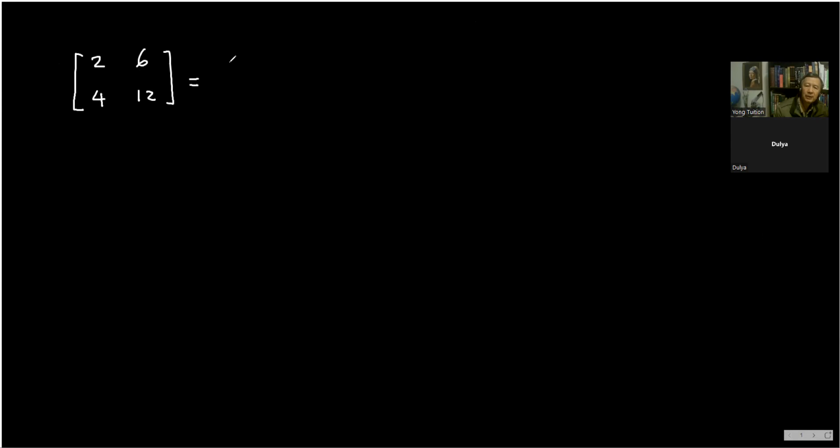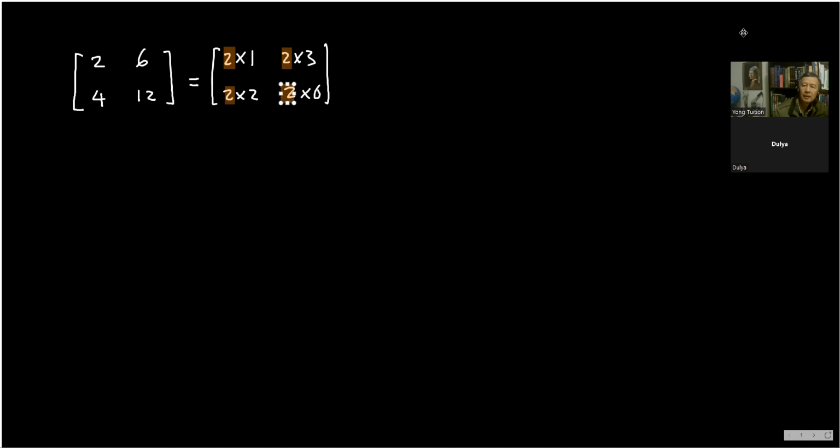Use your algebra. Can we rewrite that? 2 multiply 1, 2 multiply 3, 2 multiply 2, 2 multiply 6. So in this case, can you see that cofactor? It is the same as we did with a single factorizing.